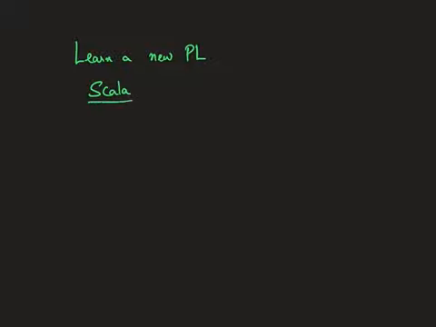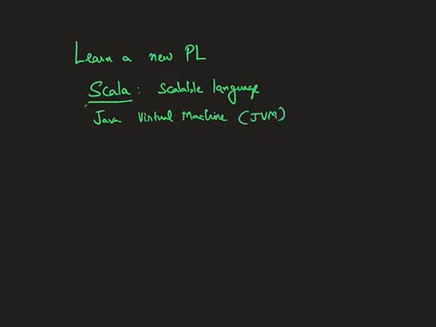Scala stands for scalable language. It is an increasingly popular language. It works on top of what's called the Java virtual machine, which is called the JVM. And it compiles to something called Java bytecode, which works on the Java virtual machine.